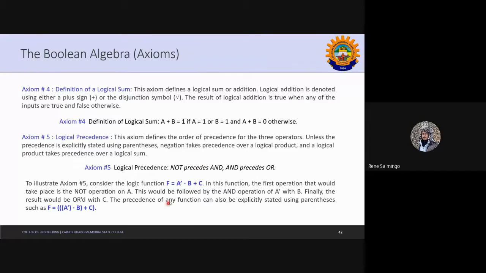For example, here we have the function equals A prime and B or C.